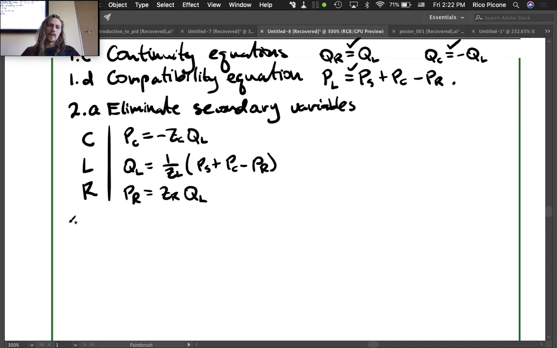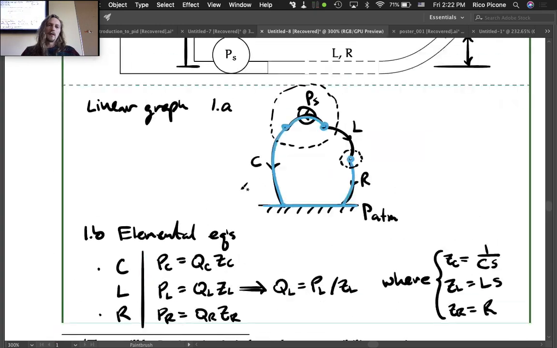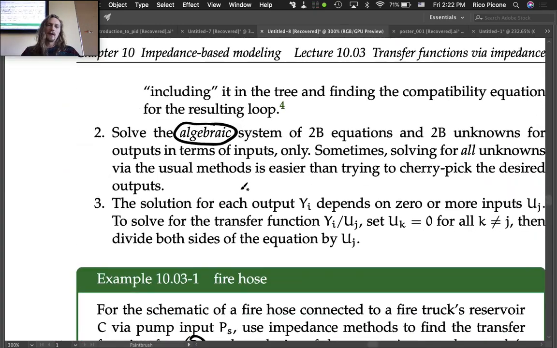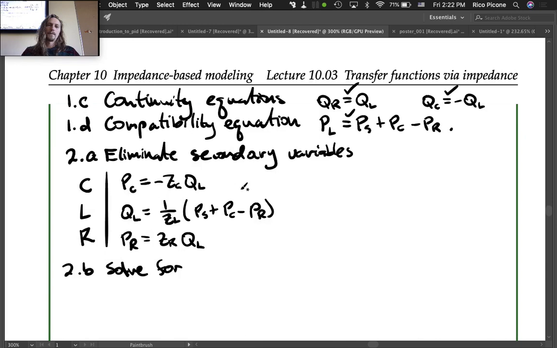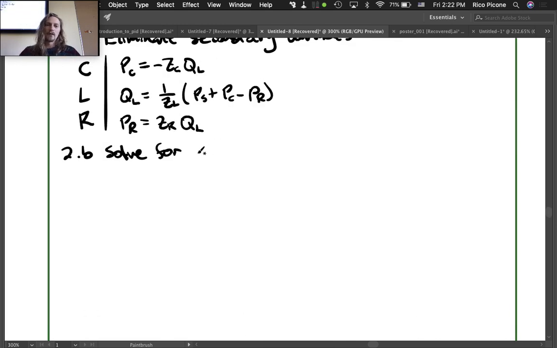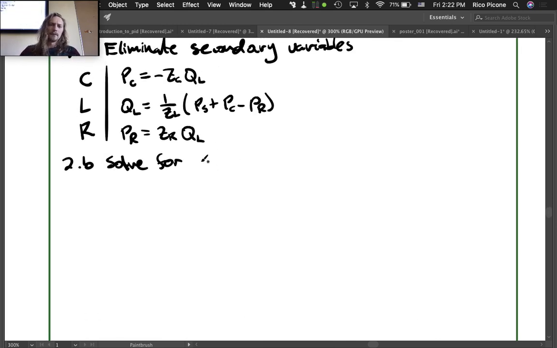So I'll say 2b, solve for, see, what did I call it? Yeah, so solve for, I guess it would be QR.